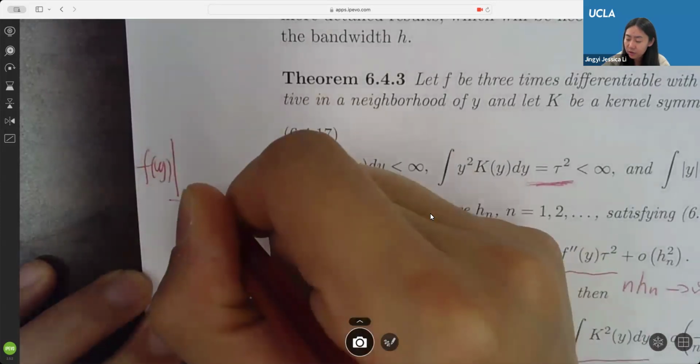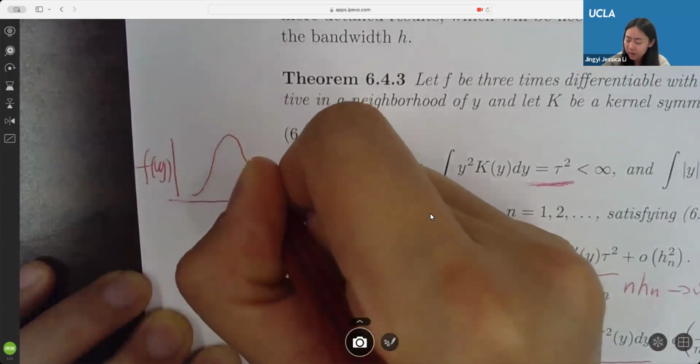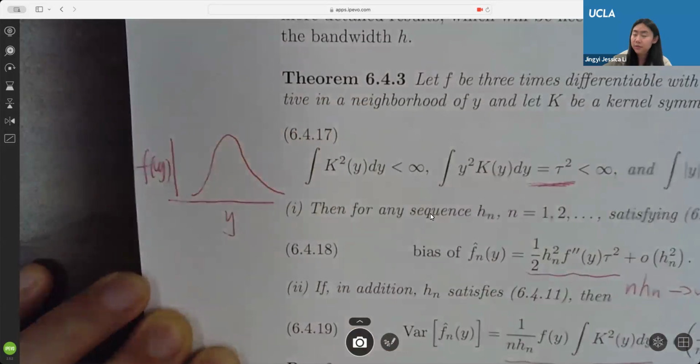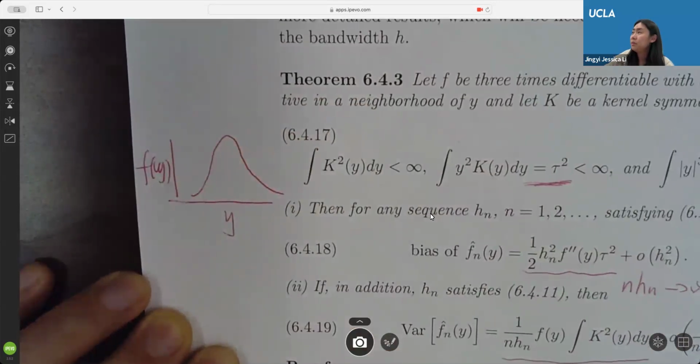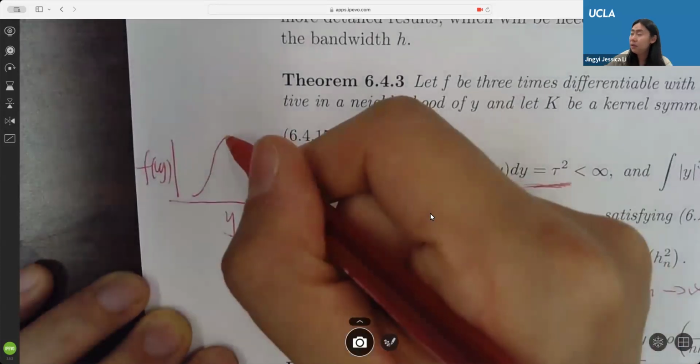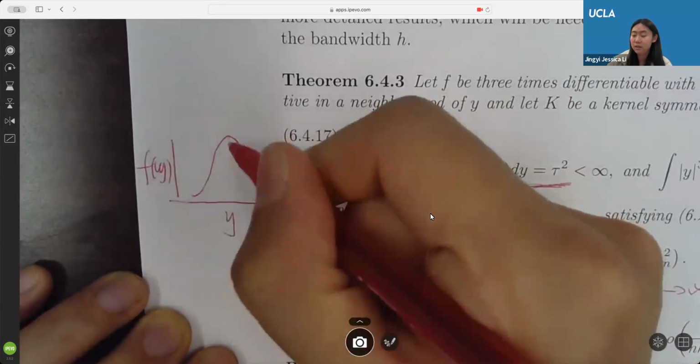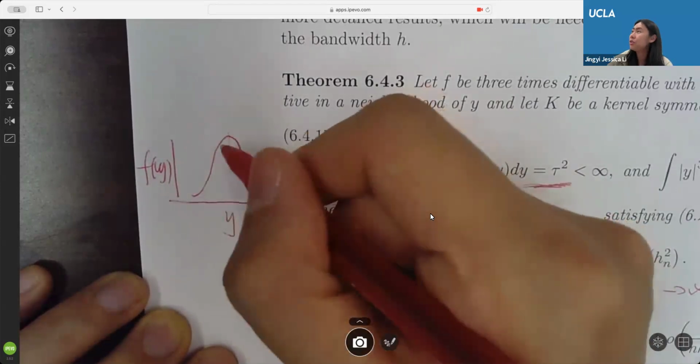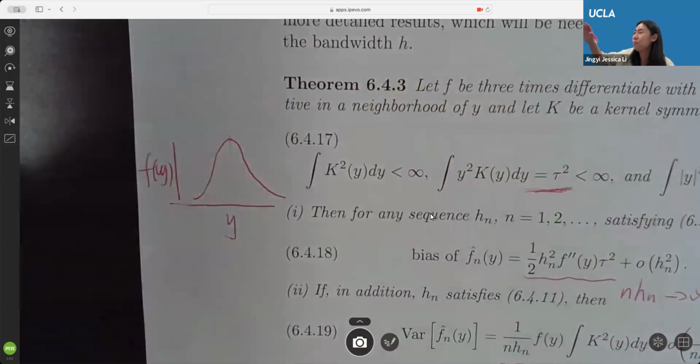Okay, so if this is my density function, then let me ask you, where does the density curve have the maximum in terms of absolute value of the second derivative? It should be here, at the peak, because this is where the curvature is the biggest, right?